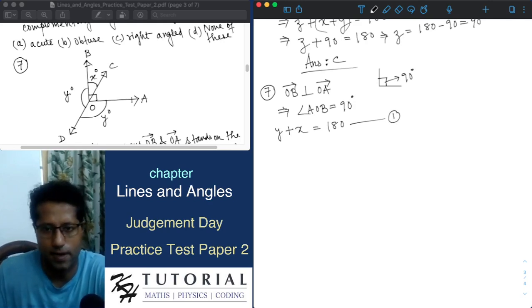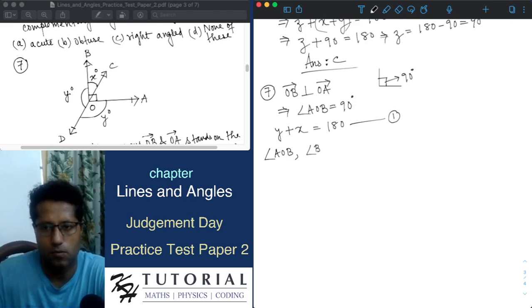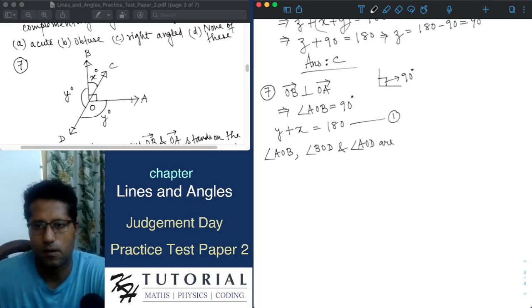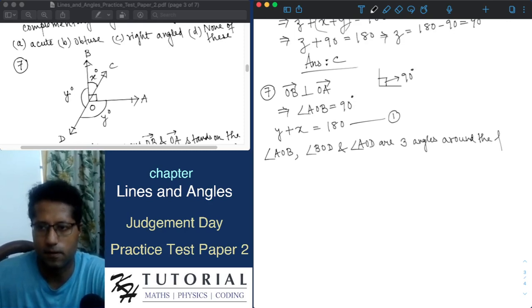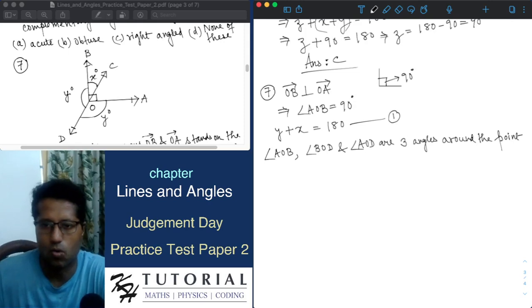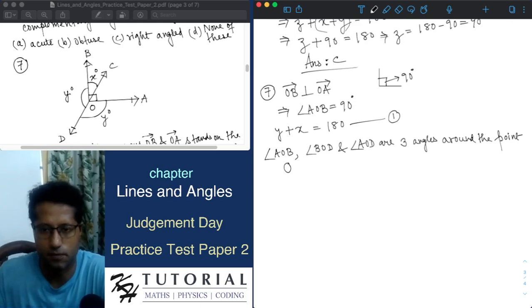Now also note that angle AOB, angle BOD and angle AOD are three angles around the point O, and we know that the sum of all angles around the point O is always 360 degree.